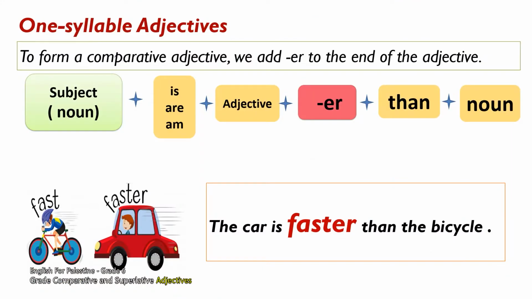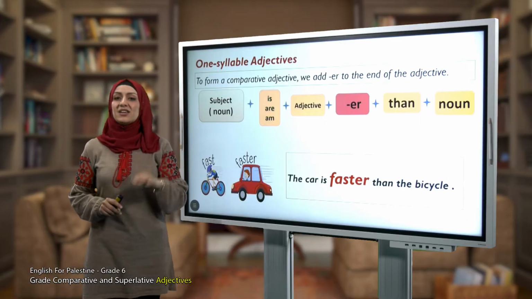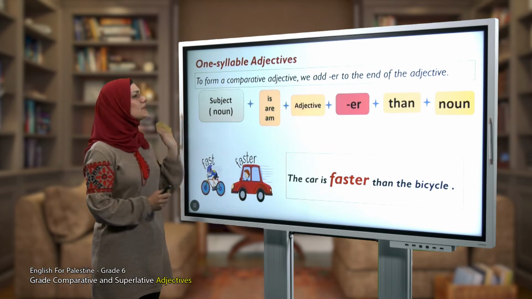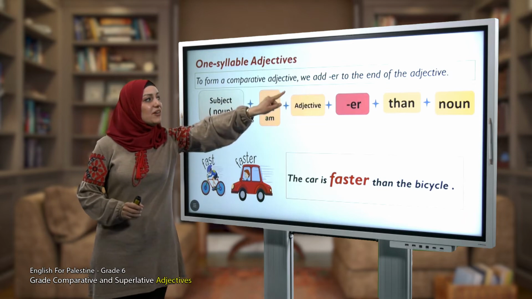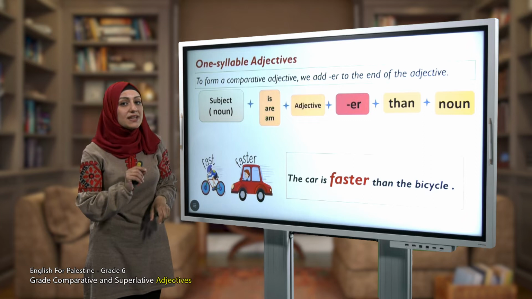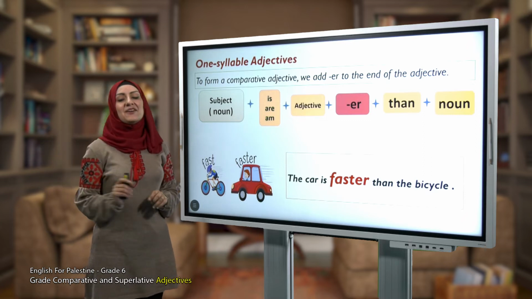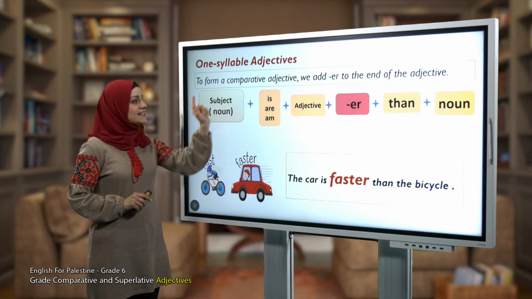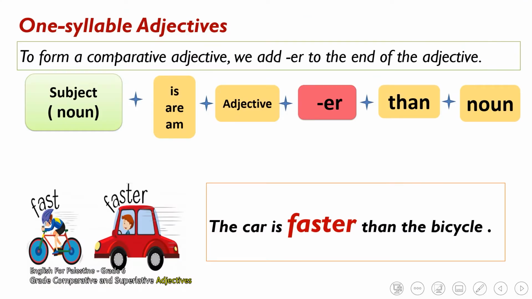If we have one-syllable adjectives like short, tall, big, nice, we simply add ER to the end of the adjective. And don't forget to put than after the adjective. So we have the subject, is or am, adjective plus ER, than, and the noun.